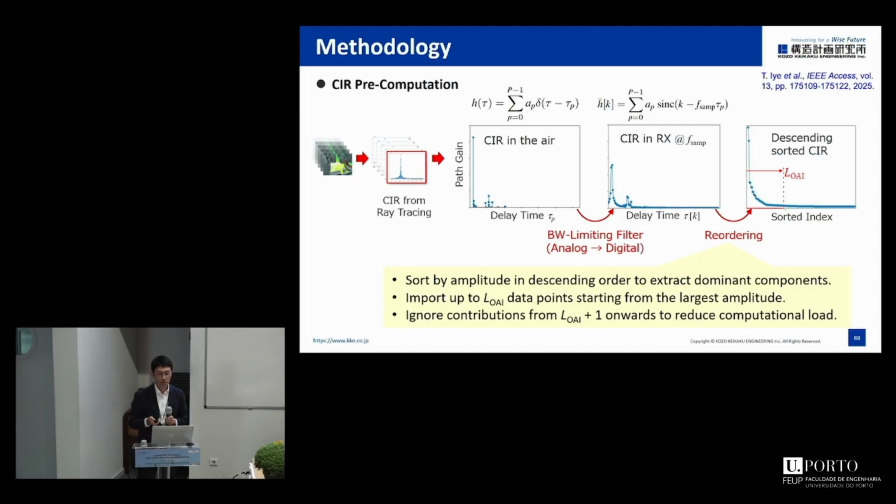And the raw CIR from ray tracing is a set of delayed complex paths as shown on the left. After sampling and bandwidth-limiting filtering for a digital communication system, it becomes somewhat smoother as shown in the middle. And convolving the entire CIR is costly, so we sort the components by amplitude and keep only the dominant ones.